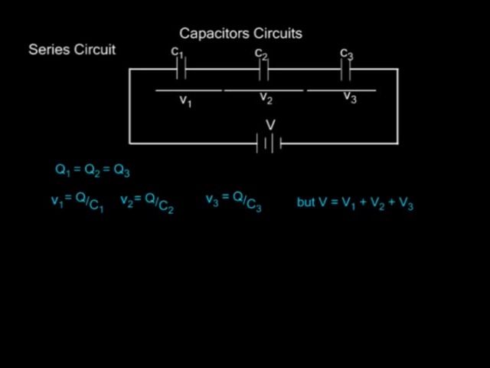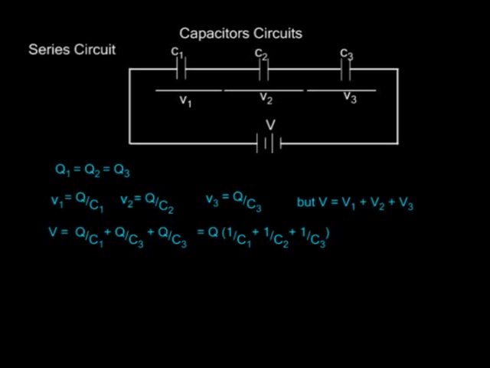That's V is equal to V1 plus V2 plus V3. Substituting for V1, V2 and V3, V is equal to Q over C1 plus Q over C2 plus Q over C3, which gives us Q times 1 over C1 plus 1 over C2 plus 1 over C3. The only thing I did there is to factorize Q.